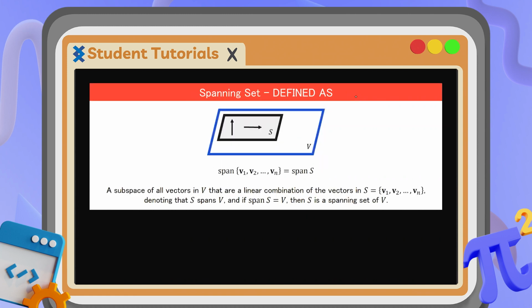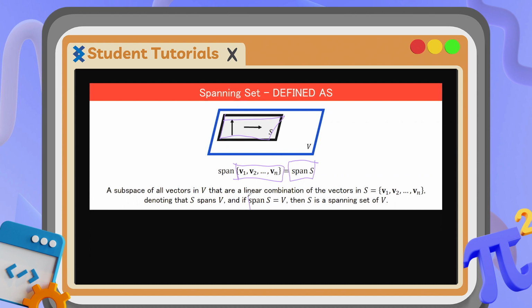Then we also have the spanning set, known to be a subspace of all vectors in V which are a linear combination of the vectors in S, denoting that S spans V. If span S is equal to the vector space, then S is a spanning set of V. As you can see in this diagram, these are the vectors, and the span of S is the set of vectors that you can create using these vectors inside the set.